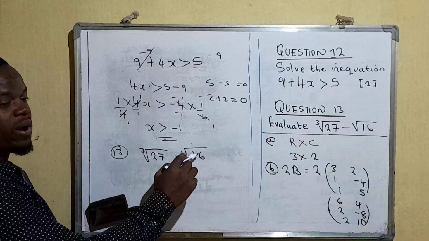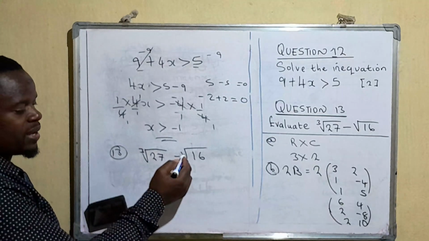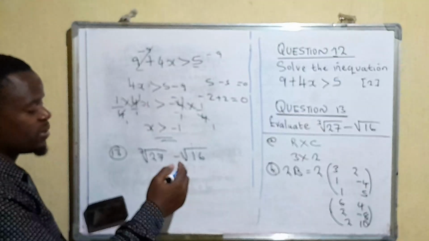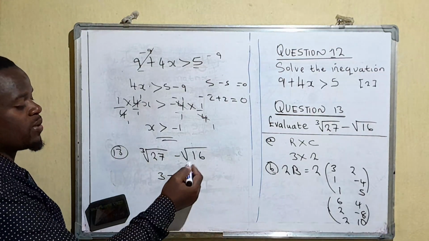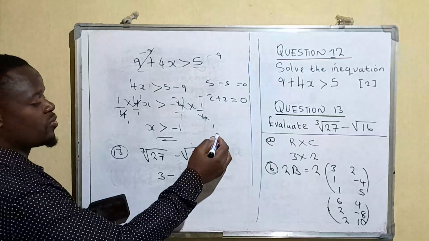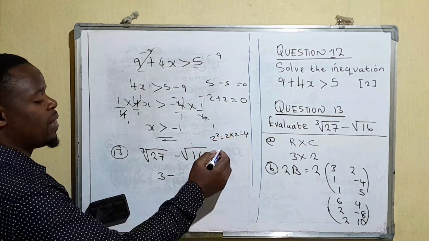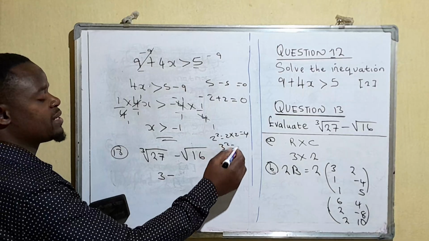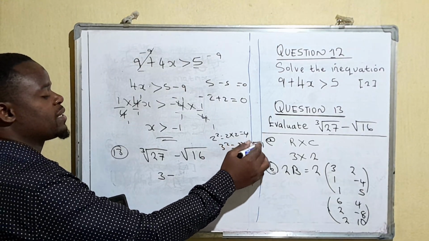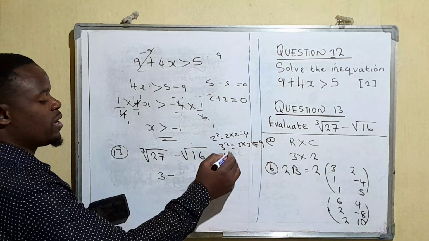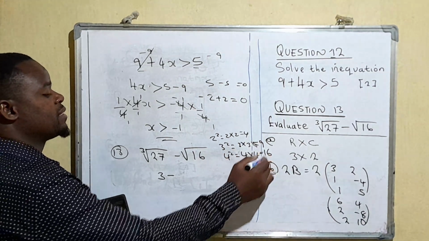Minus the square root of 16. As long as there is no number here, you know you're looking for the square root. It's a number which, if it were to be squared, it would give us 16. 2 squared would give us 2 times 2, which would be a 4. 3 squared would give us 3 times 3, and that would give us a 9. 4 squared would be 4 times 4, which would give us 16.